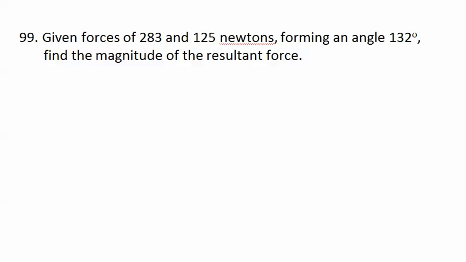And finally, one type of trig problem that I might ask you to set up, but again, 132 degrees is an angle you would need a calculator to do. But let's understand the problem at least so that we could set up a formula even if we can't calculate the answer. So we've got two forces of 283 and 125. Those will serve as the magnitudes or the lengths of our two vectors, and the angle between them is to be 132.